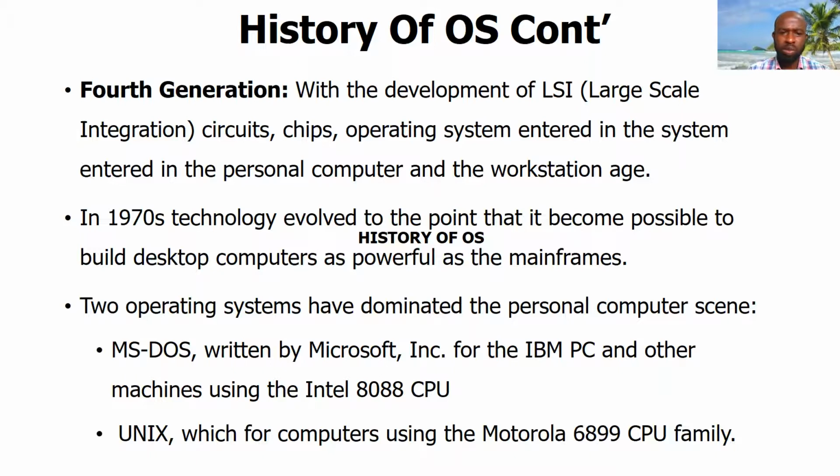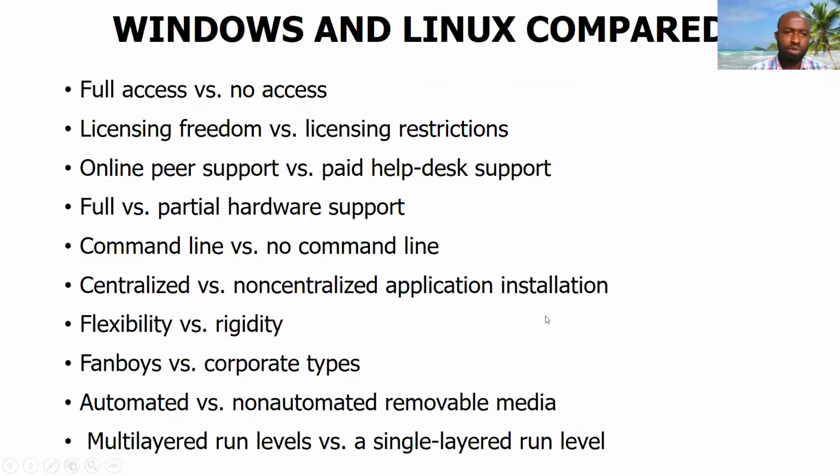That is MS-DOS, written by Microsoft in cooperation for the IBM computer and other machines using the Intel 8088 CPU, and UNIX, for computers using the Motorola 6800 CPU family. So these were the two operating systems that were dominating.